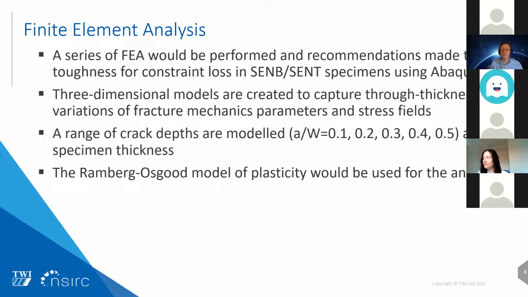And as part of the finite element part of the project, in order to account for the global bending and tensile effects on the crack tip stress fields, a series of finite element analyses will be performed using the single edge notch three-point bend specimen and the single edge notch tension specimen that are usually used to characterize pipeline steels with thin wall thickness, to identify the specimen to match the crack tip constraint of the crack sections.